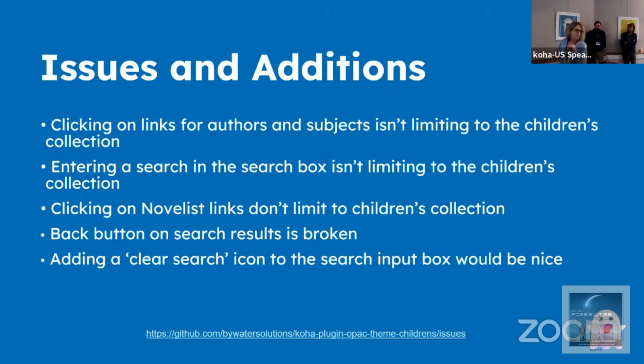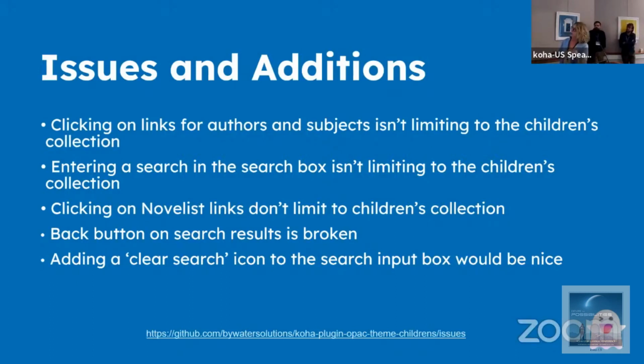But if you click on a link for an author or a subject, right now it's not limiting. So if you've got an author like James Patterson, who is writing some children's materials, if you click on James Patterson, not only do you get those, but you're getting his adult materials as well. And that's not what we want, but we're working on that.